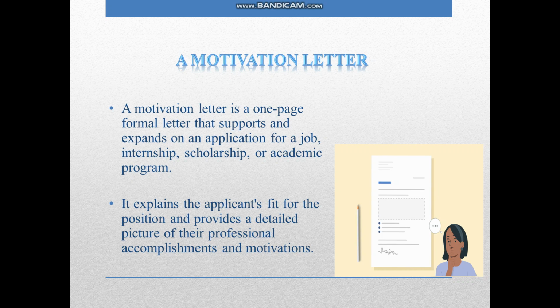It explains the applicant's fit for the position. So you're going to tell them that you are suitable for that position. You're going to tell them about your experiences and your achievements, okay? And especially your motivation. Why did you choose that certain position, that certain university, that certain job? You need to convince the reader.